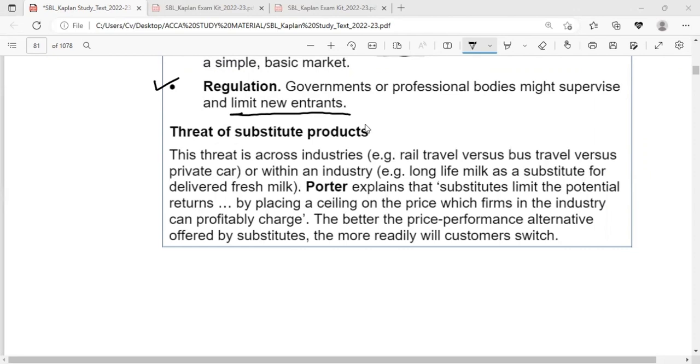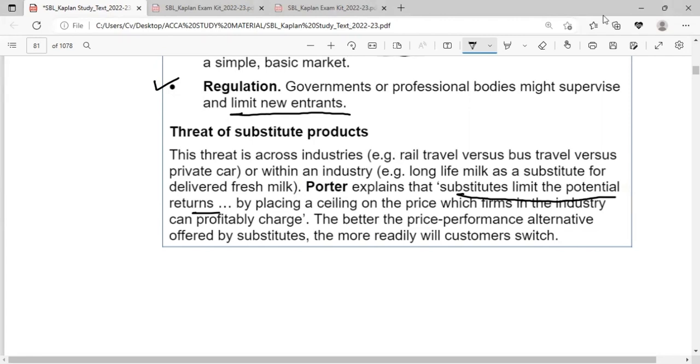So this is called substitute products. Substitutes also limit what? They limit the potential returns. Definitely, if a substitute is offering a comparatively better product or a good product at a lower price, it will encourage the customers to purchase that product, and it will reduce our market share and profitability. So there is always a threat from the substitutes.